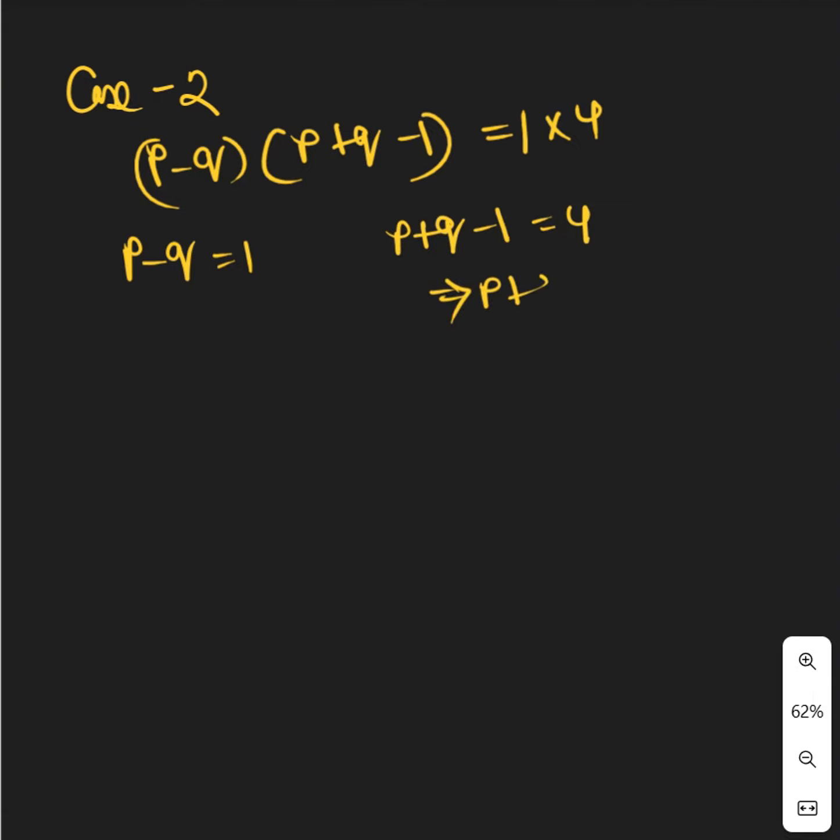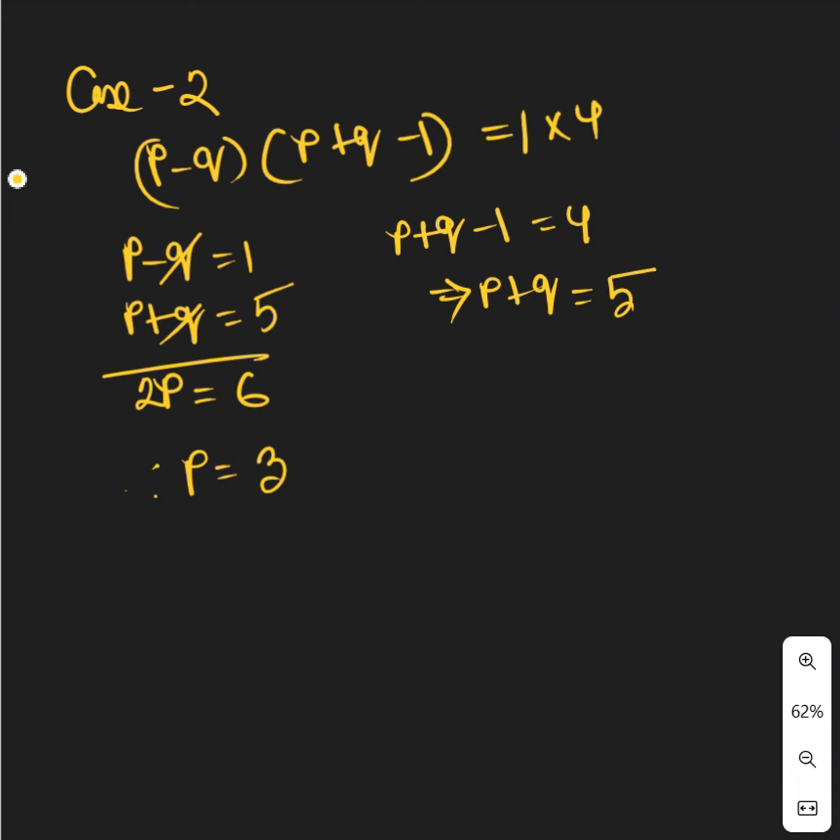So from here P plus Q is equal to 5. Now put it here, P plus Q is equal to 5. So this is plus, this is minus, they cancel out each other. So here 2P is equal to 6. So here again P is equal to 3.